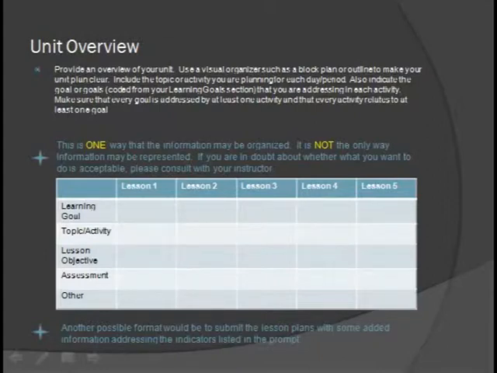You do not have to attach copies of those assessments to this document. You will be asked to attach your lesson plans, and they will have all the specifics of the assessments. And then anything else that you're going to be doing in those lessons that relates to the learning goals.